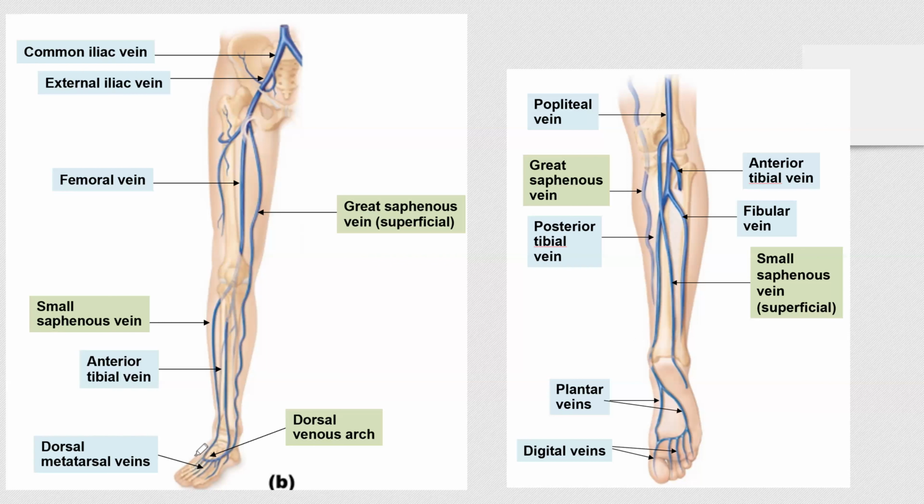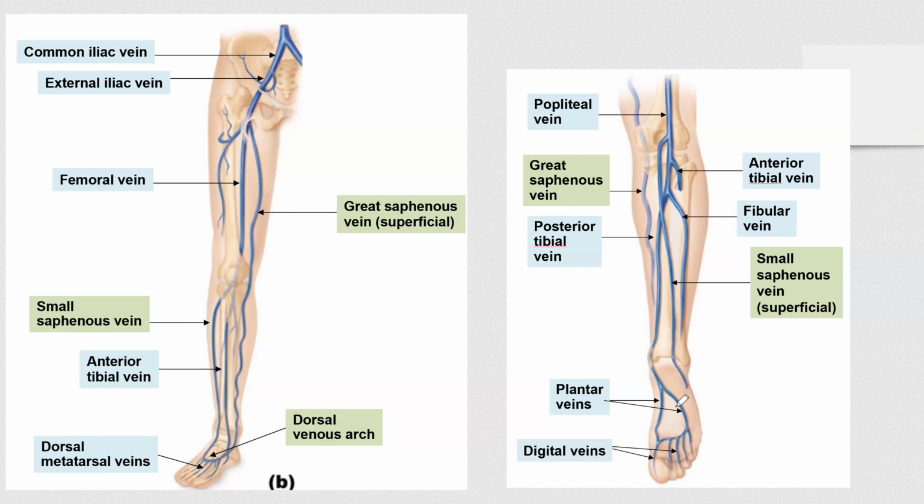So we have dorsal metatarsal vein that forms a dorsal venous arch. And then we have anterior tibial vein, right? And so over here, besides our anterior tibial, we also have a fibular vein, we have posterior tibial vein, right?